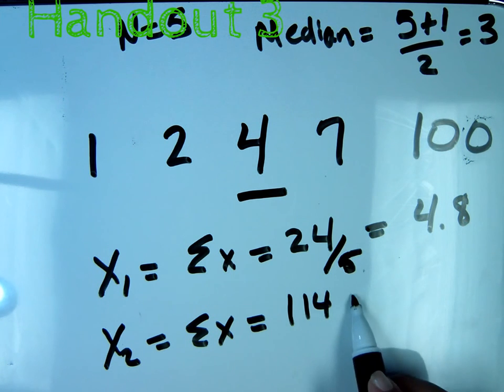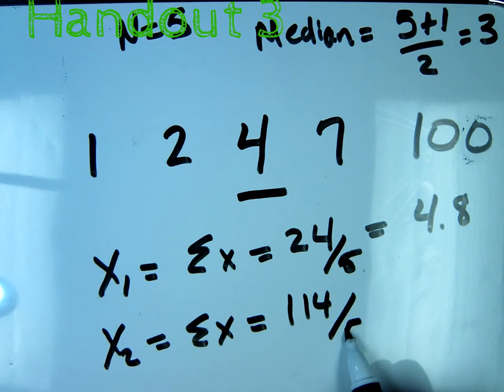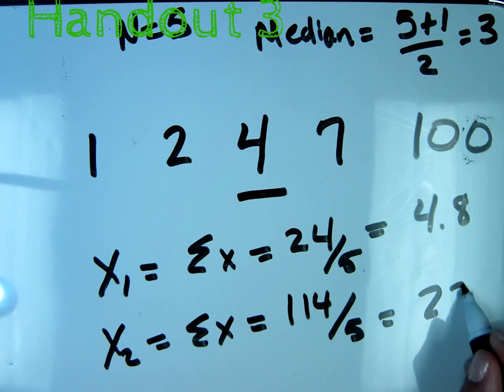Alright, here my x bar is going to be 114 divided by 5, which will be 22.8.